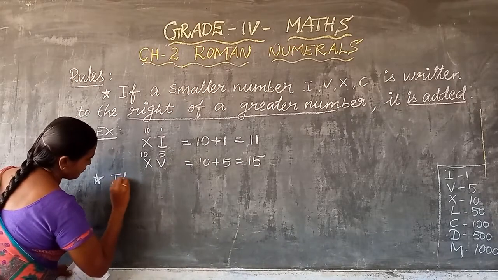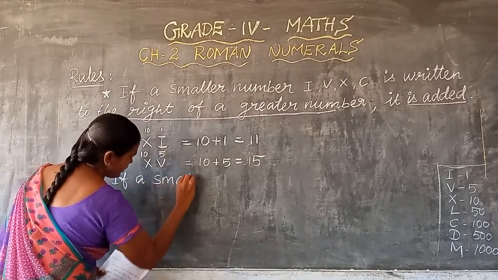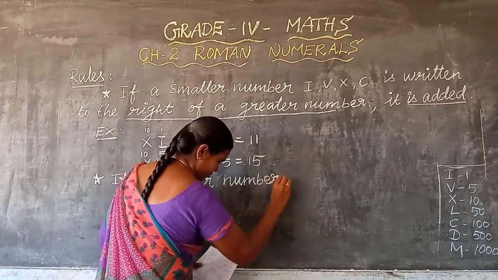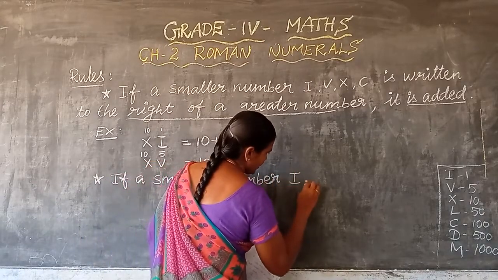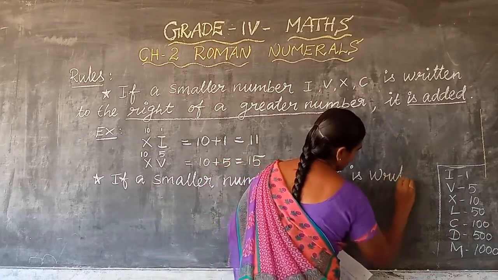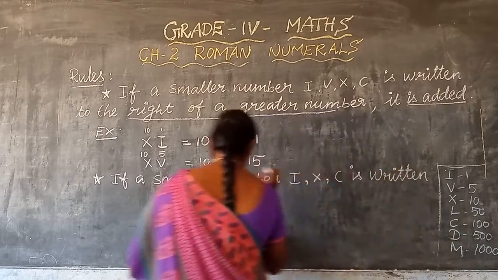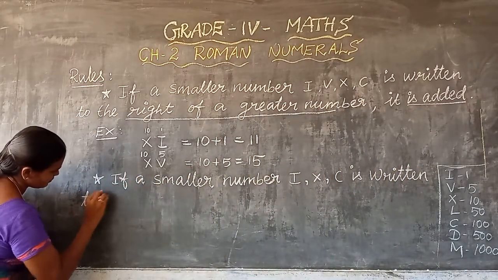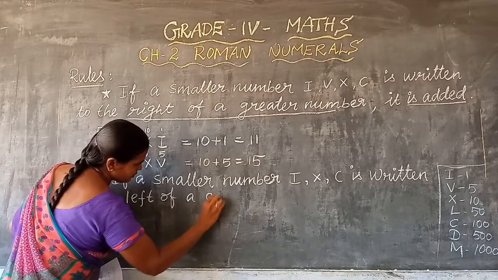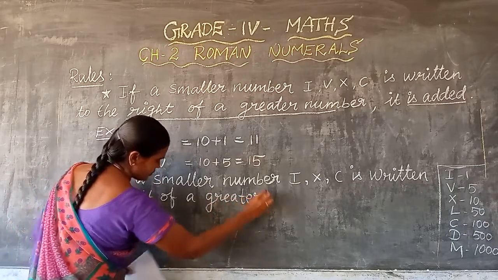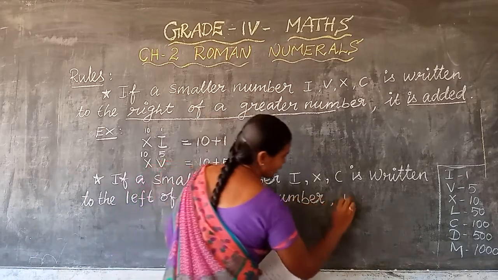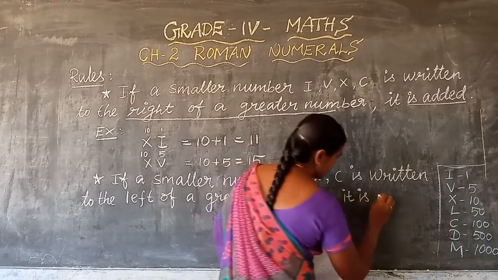If a smaller number I, X, C is written to the left of your greater number, it is subtracted.